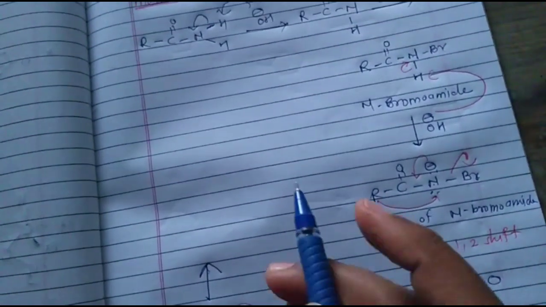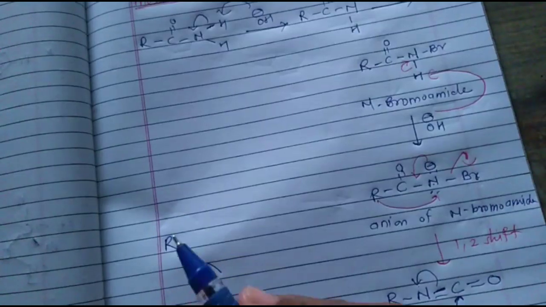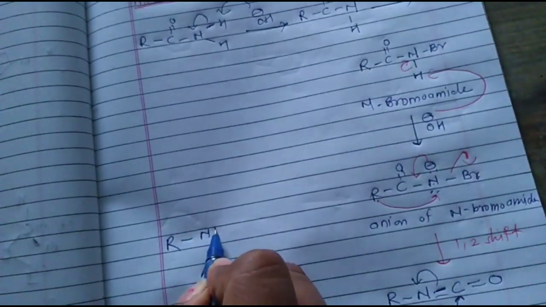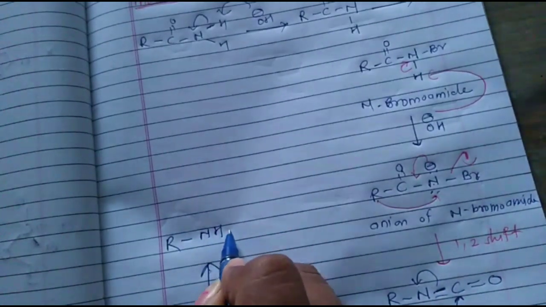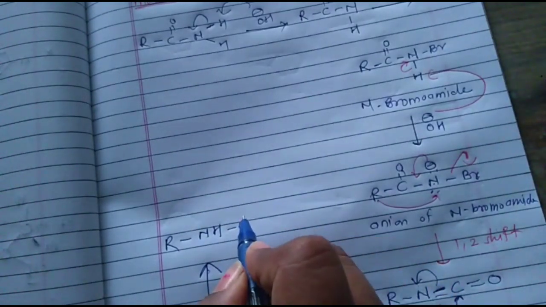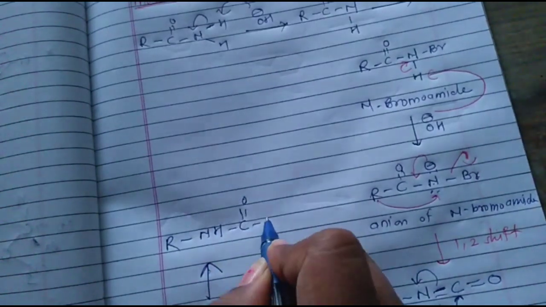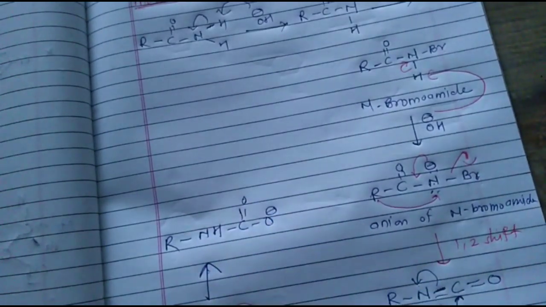It will be R N H, and there is a formation of C double bond O, with the oxygen having a negative charge.